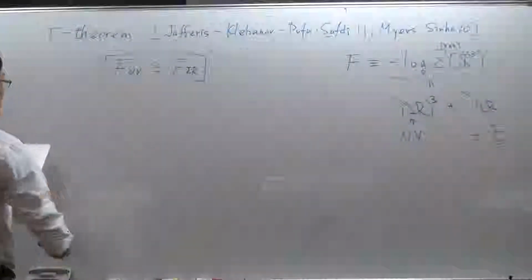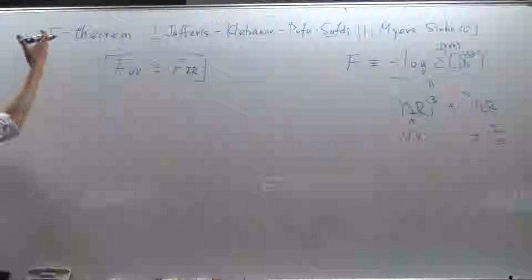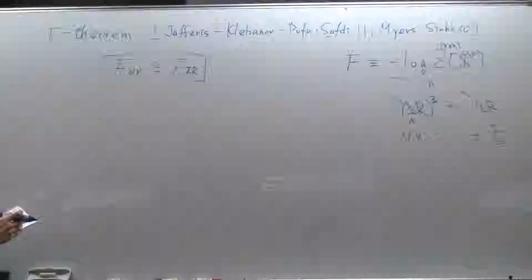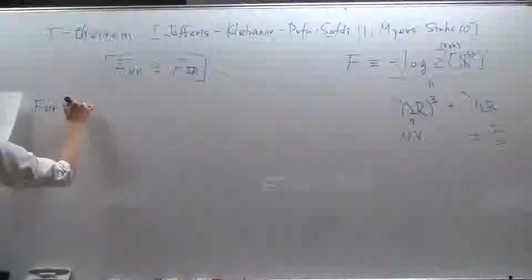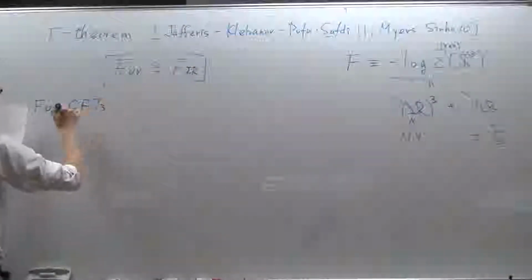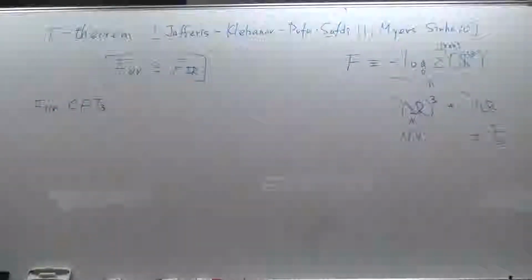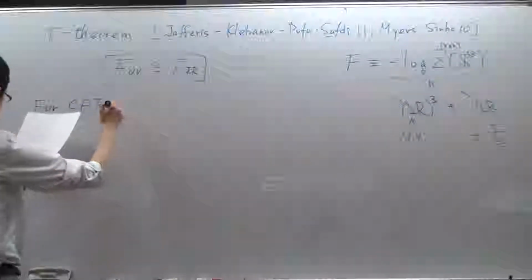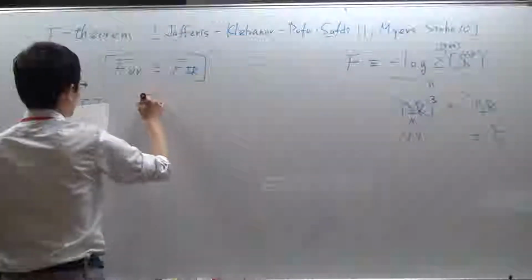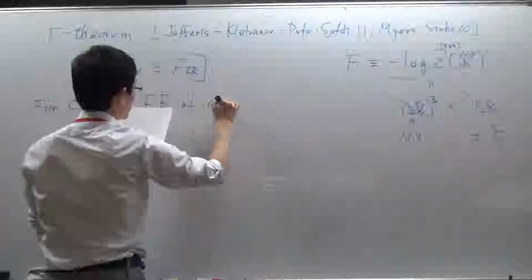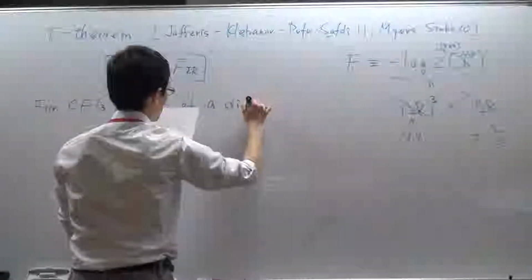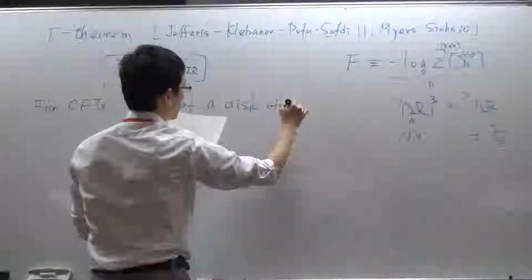Okay, so I'd like to somehow prove this conjecture, but I want to use the properties of entanglement entropy. So how are they related? For CFT3, if you remember my previous talk, I considered the CFT and computed the entanglement entropy of a disk of radius r.